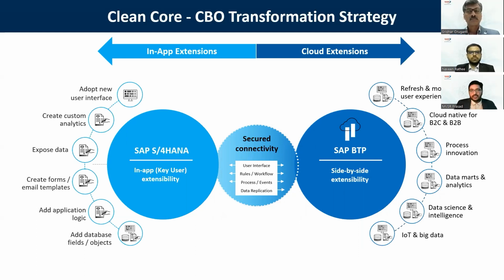And SAP is also offering embedded steampunk, where the model of your programming style is going to change, because the difference between classic in-app and embedded is that you apply a RESTful application programming based, cloud-ready solution, so that the solution can be moved to the cloud without any issues or challenges.